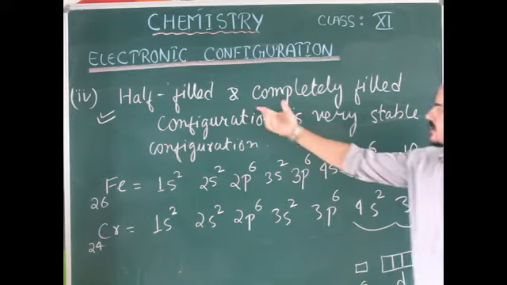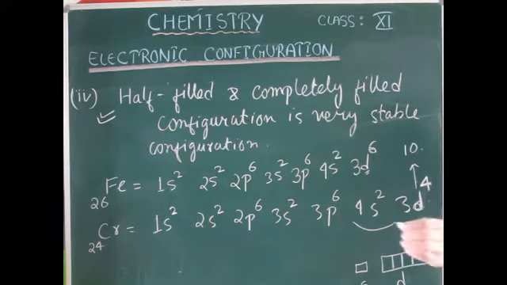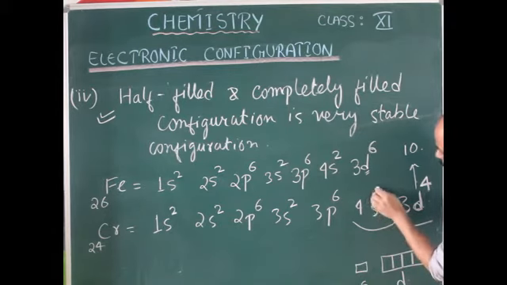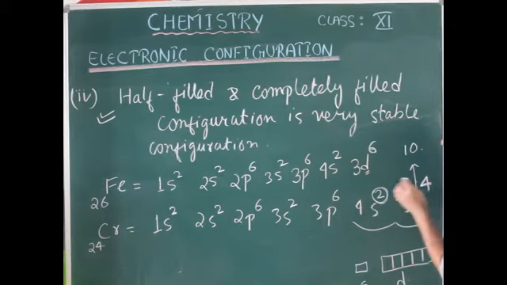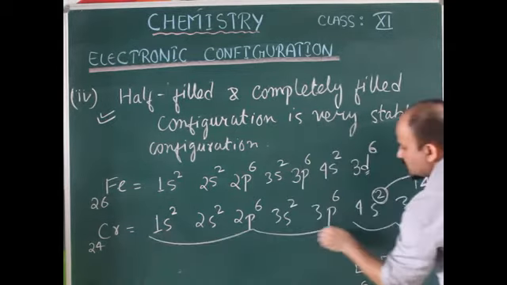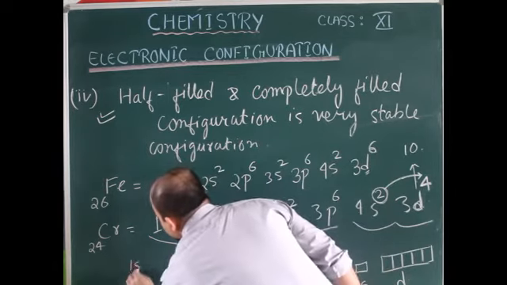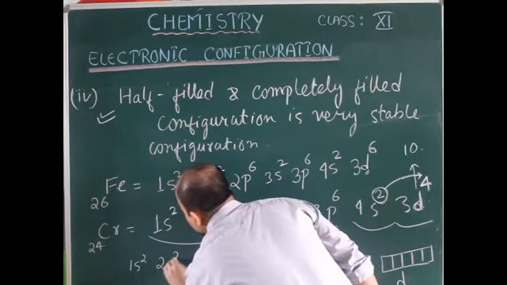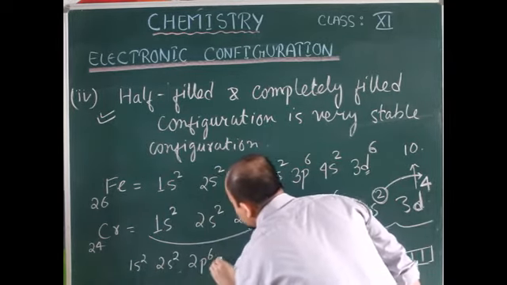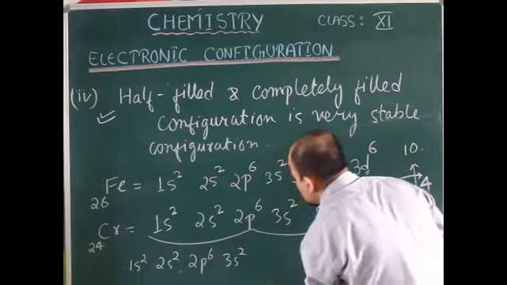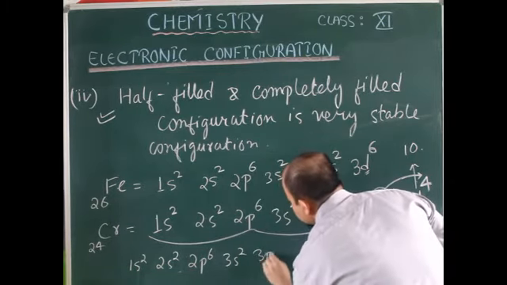Now if this rule is applied here, then you can see that if one electron from this s goes to this d orbital, then what can we have? Up to here exactly the same thing you will be having, that is 1s2, 2s2, 2p6, 3s2, 3p6.